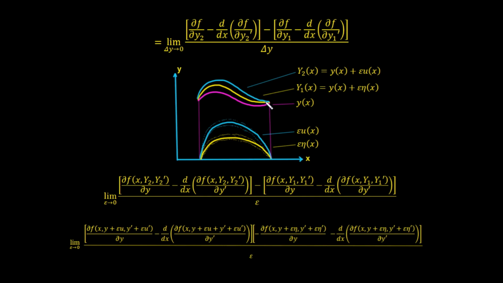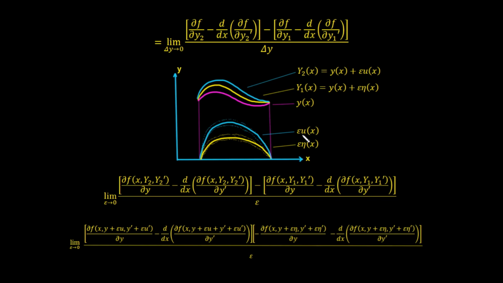But then what we're going to do here is we're not just going to add on one family of curves, we're going to add on a second family of curves. The second family of curves is going to be given by u of x. So u of x is some other function, and I've drawn u of x out in blue.